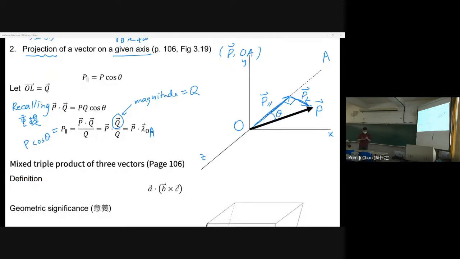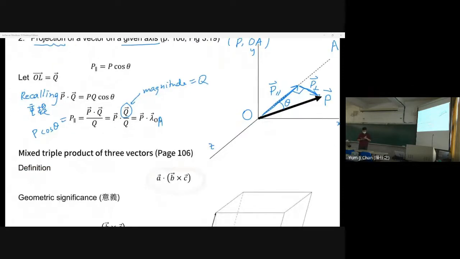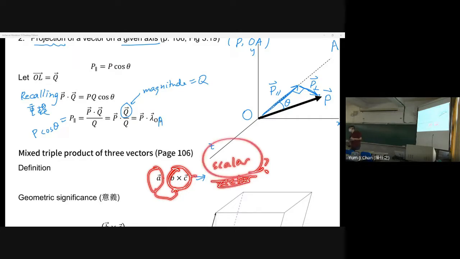And the definition of mixed triple product is this one. Does this mixed triple product give us a scalar or a vector? First of all, these two will give us a vector, right? And then we have the scalar product of this vector and this one. So the answer is scalar.